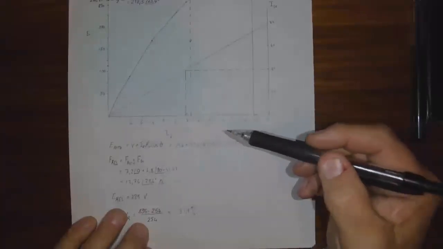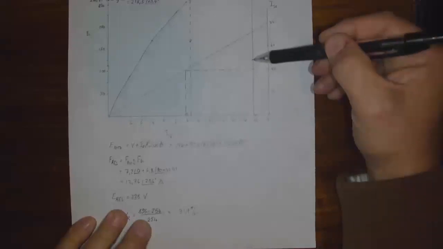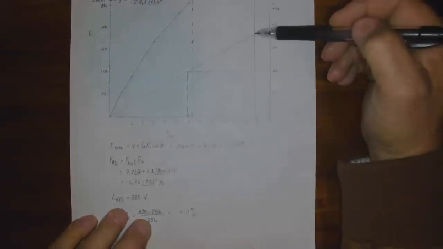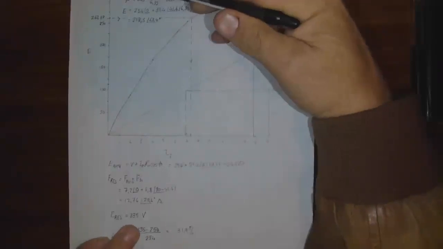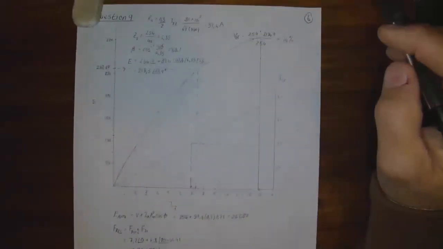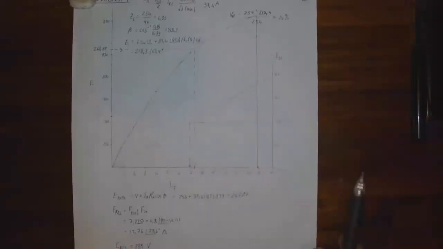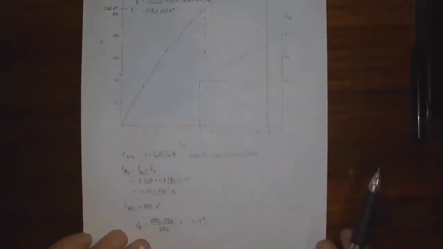So then you go to 12.8. You go up, you go across, you find the voltage is 335 volts. And therefore your voltage regulation is 335 minus 254 divided by 254, and that gives you 31.